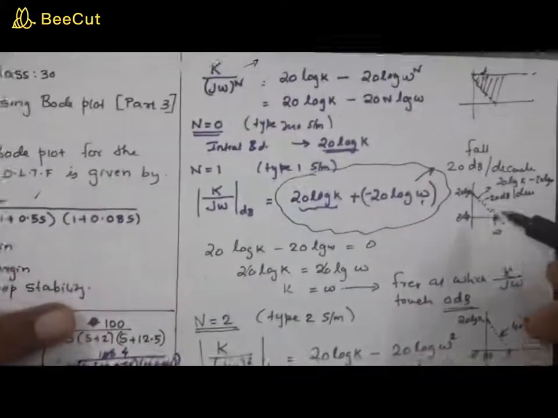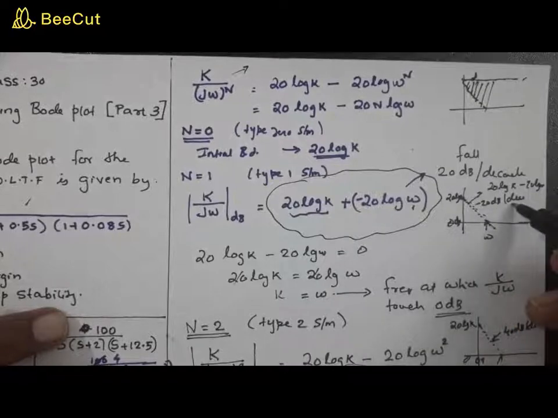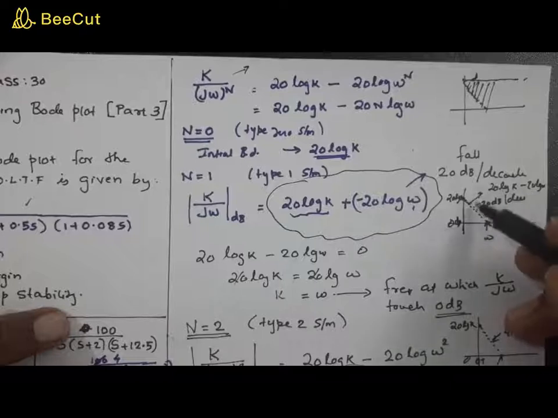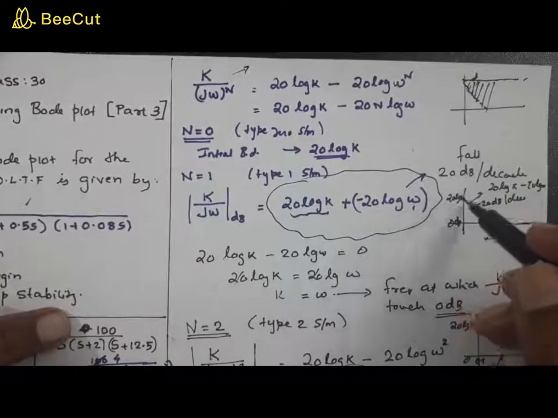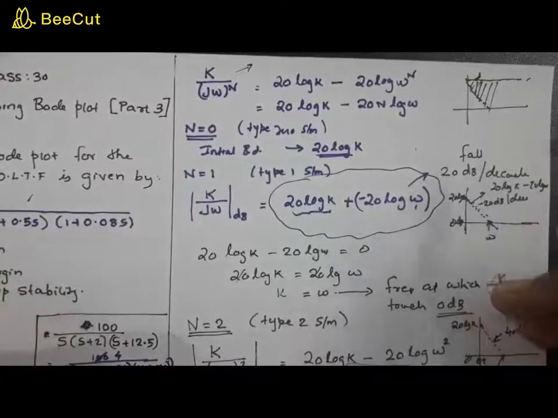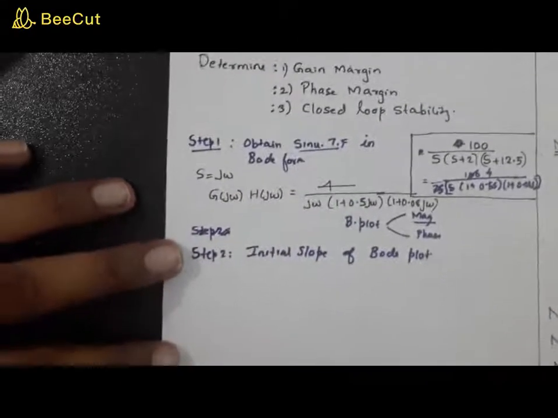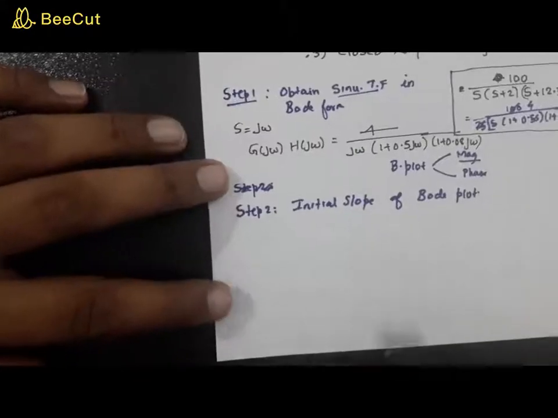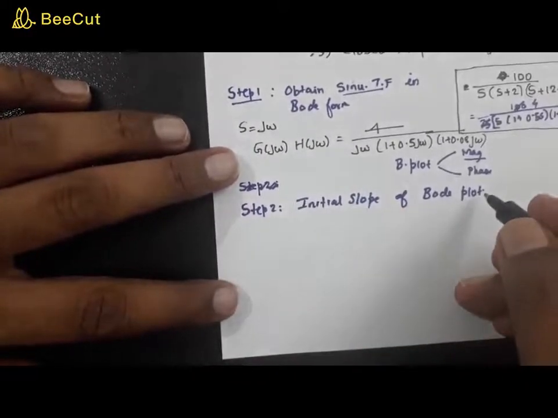In these two cases, we know that this line passes through this point at a rate of minus 20 dB per decade. So if you know this point, you won't have any confusion regarding the starting point. You will understand it when we do this problem. Okay, fine. So this is the second step, to find the initial slope of the Bode plot.